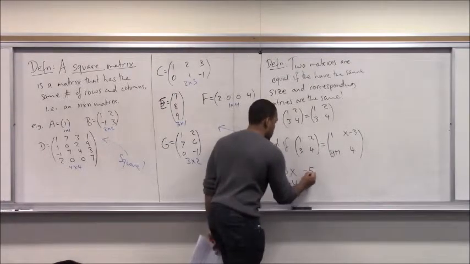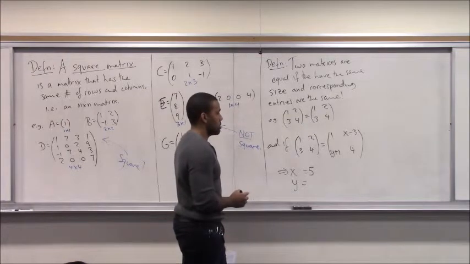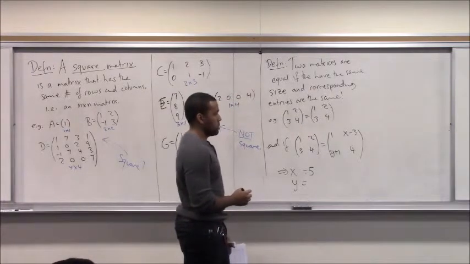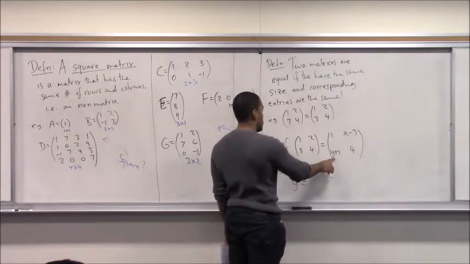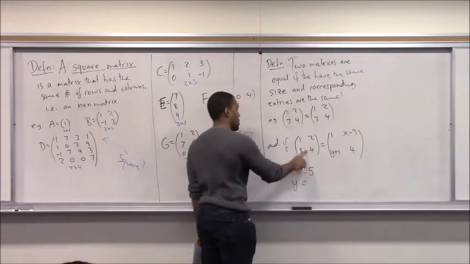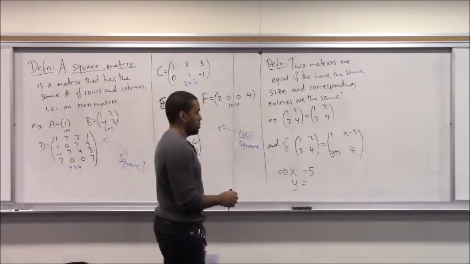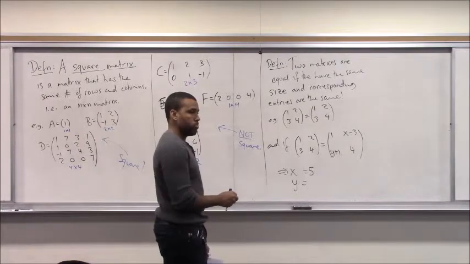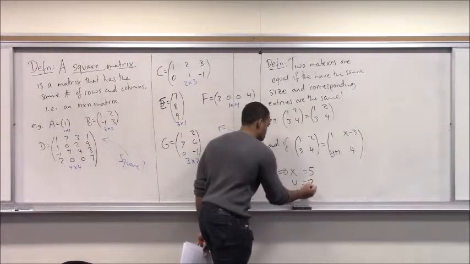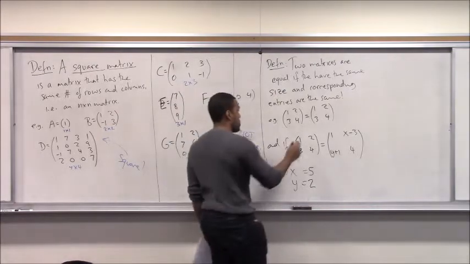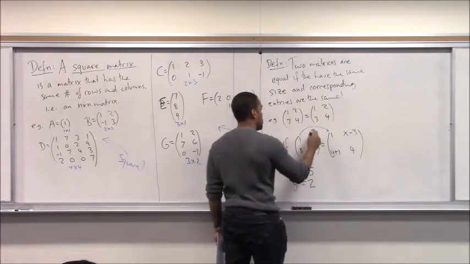Well, if I plug in y equals 3, I would get 4 here. Is 4 in the corresponding position? So that can't be y. What must y be? 2. Corresponding entries must be equal.